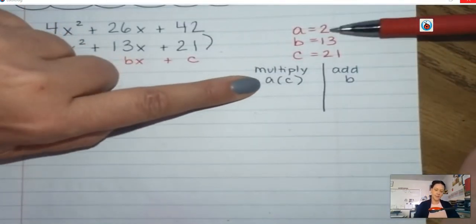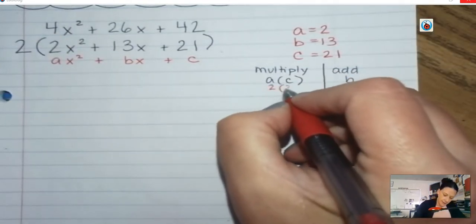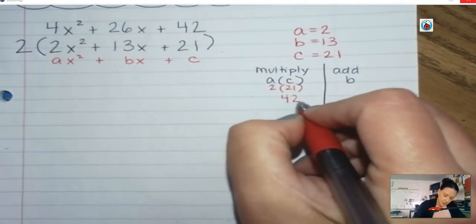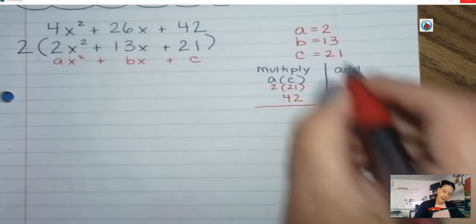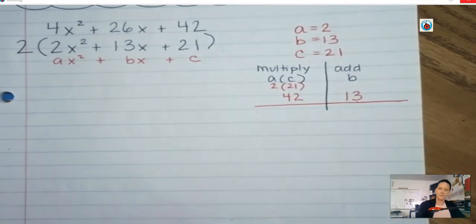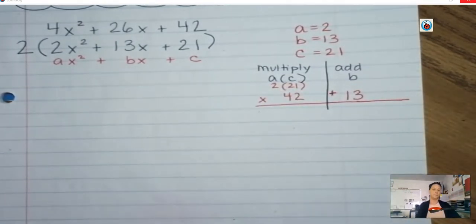A times c, 2 times 21. So we're figuring out what multiplies to be 42, but adds to be 13. Multiply to be 42, add to be 13.